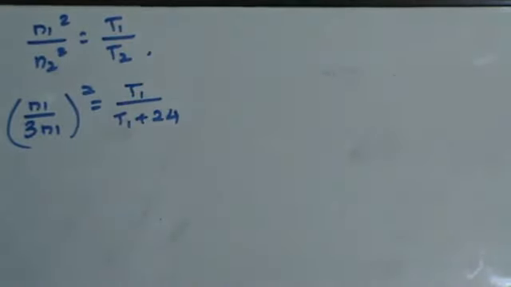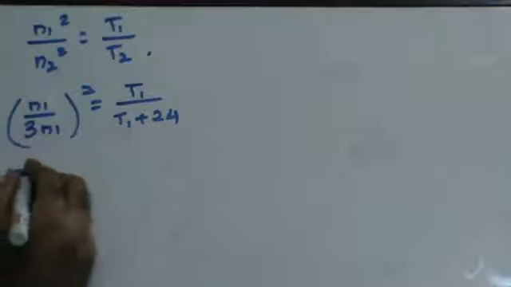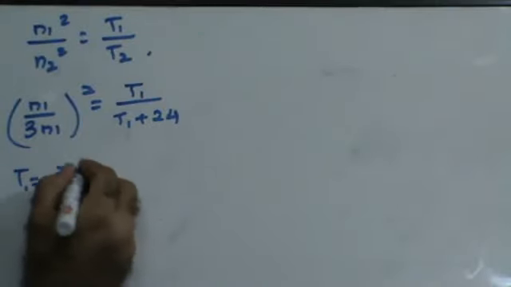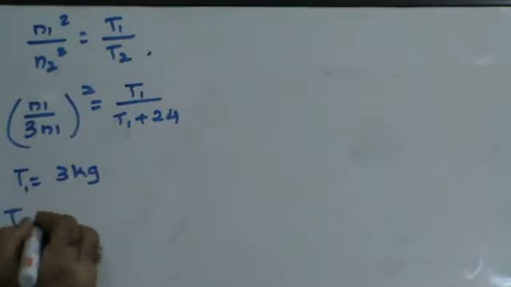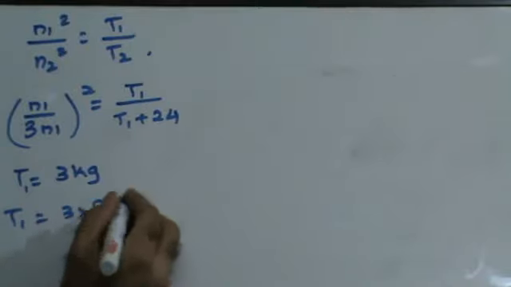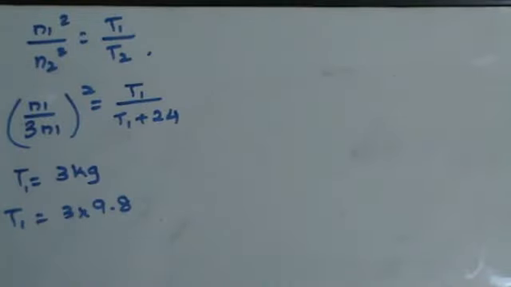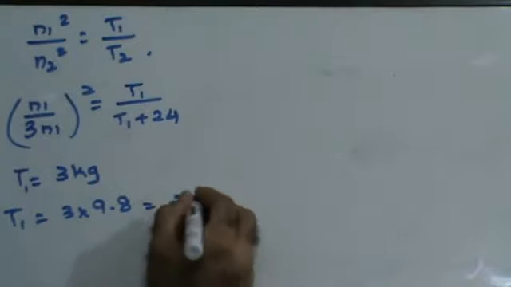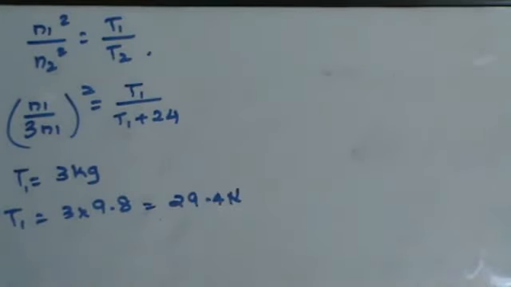When you solve this, you will get the value of T1 as 3 kg weight. So T1 can be written as 3 into 9.8, which will give you 29.4 newtons. So the original tension on the string should be 29.4 newtons, right? Okay, we'll stop this here for the day.